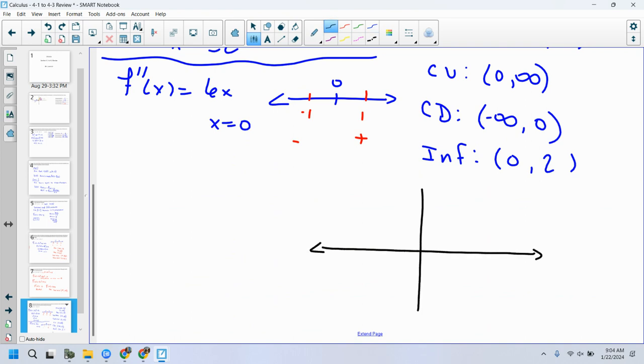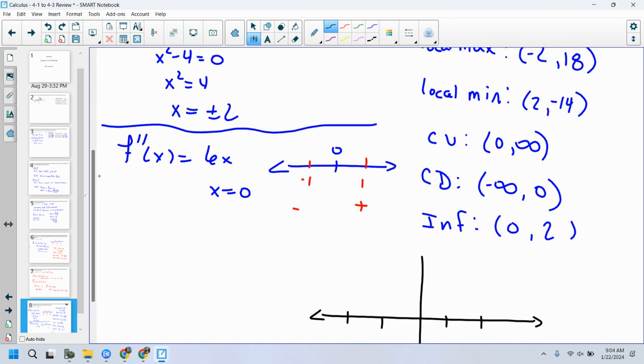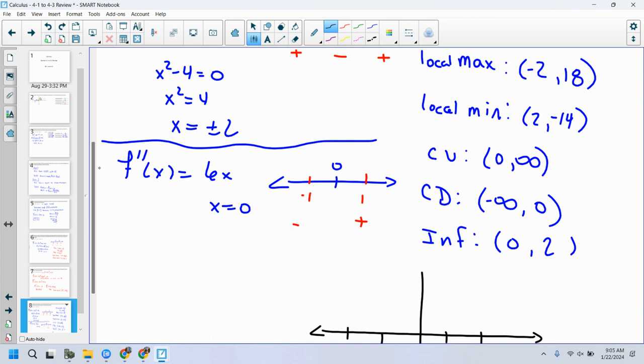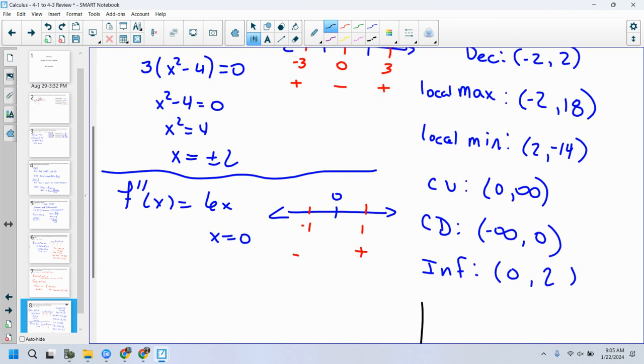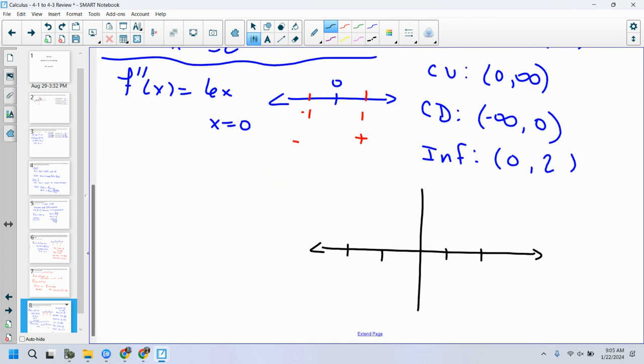So 1, 2, 1, 2. Okay. What are my y values that are important? I've got an inflection point of 0, 2. Looks like I need to go all the way up to 18 and all the way down to negative 14. So let's just go by tens. 10, 20, negative 10, negative 20. Again, scale it however you need to.